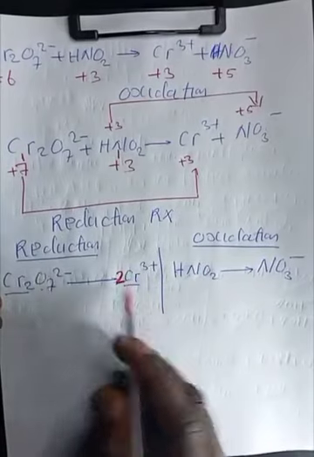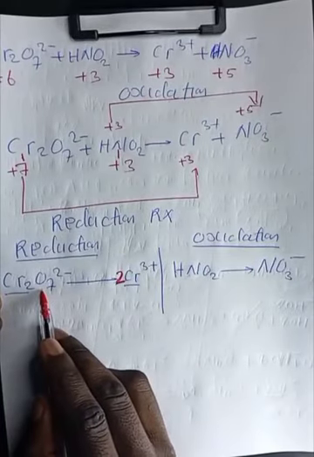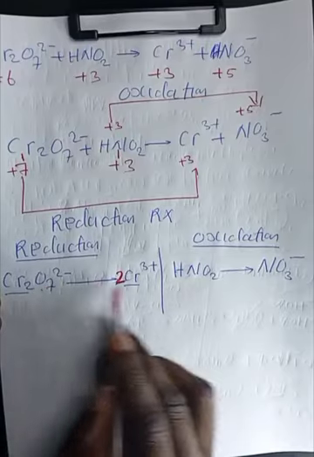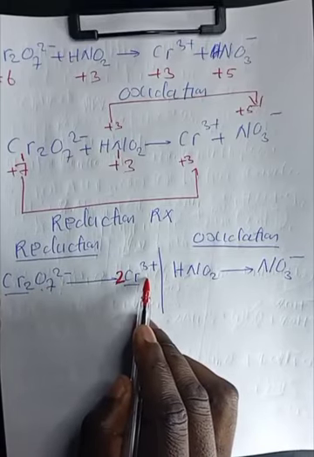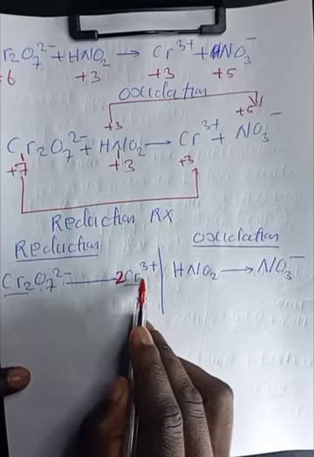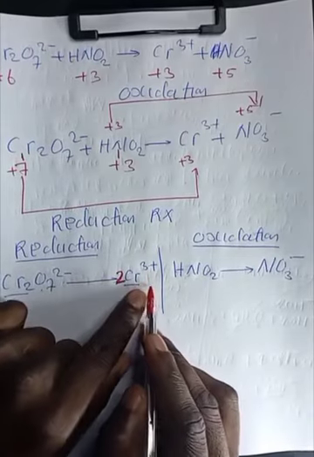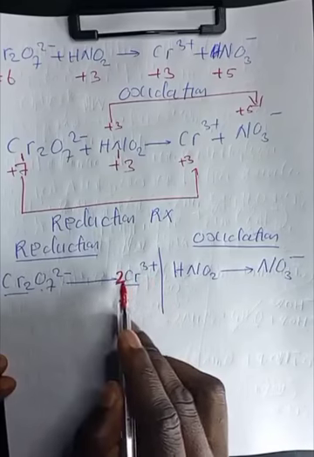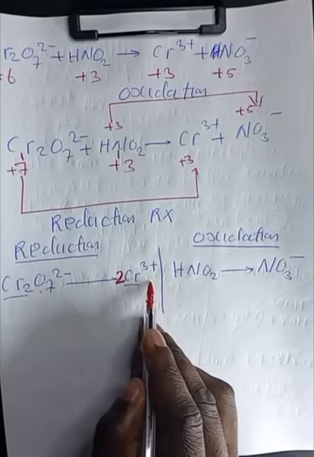The reason why we don't balance oxygen and hydrogen using numbers: in this case, we have 7 oxygen here, and on this side we don't have any oxygen. There is no number we can put here to get 7 oxygen, because whatever number we put, multiplied by 0 oxygen, still gives 0.